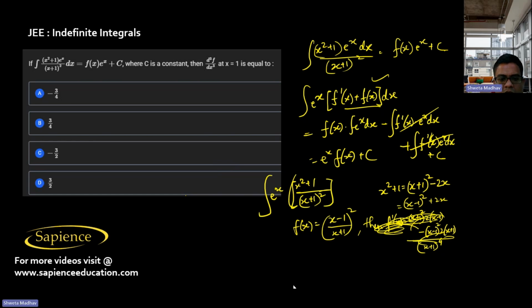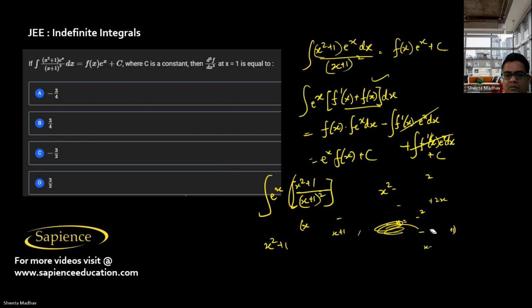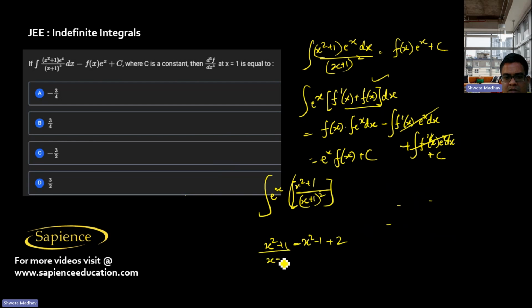Okay, here actually we can write this x square plus 1 as x square minus 1 plus 2. Then we can write (x square plus 1) by (x plus 1) whole square as (x square minus 1 plus 2) by (x plus 1) whole square, which will be equal to (x square minus 1) by (x plus 1) whole square plus 2 by (x plus 1) whole square.